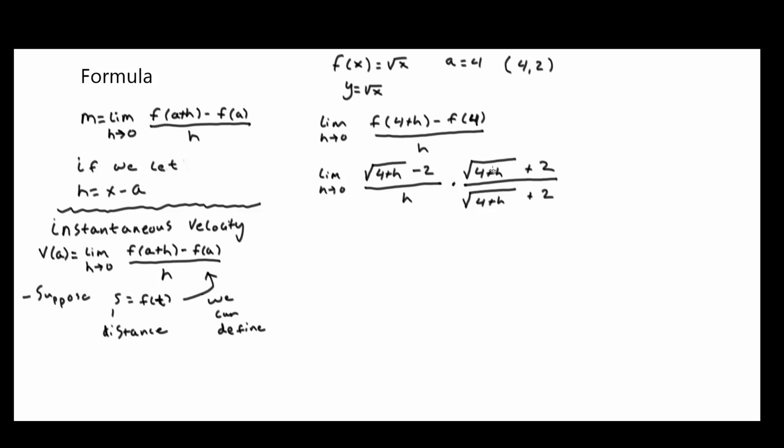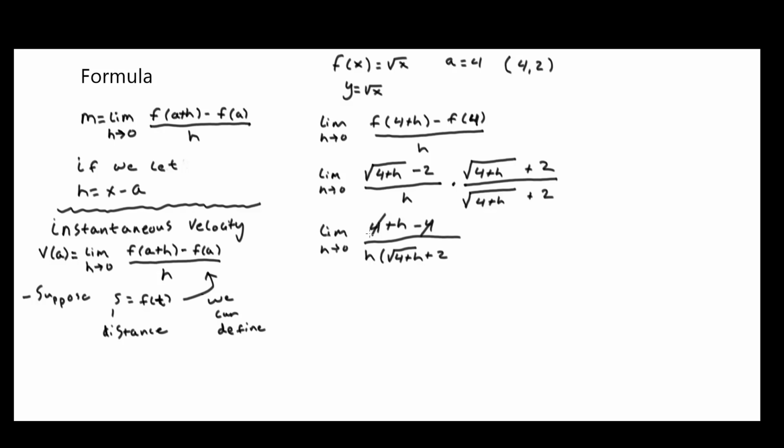So when we multiply these, in our numerator, our radical ends up canceling out, and then when we distribute the 2's, we end up with a numerator that's going to be 4 plus h minus 4. And like usual, we just leave our denominator alone, so we'll have h times our radical 4 plus h plus 2.